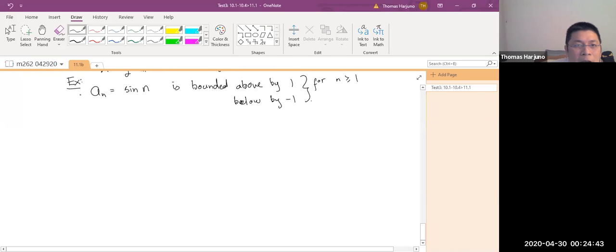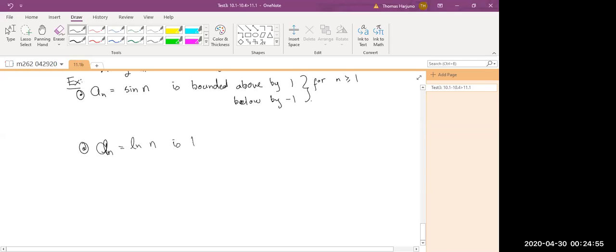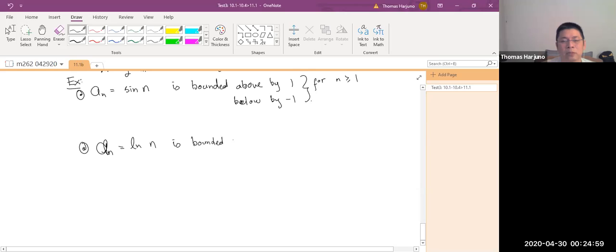Now, how about ln n? Does the sequence ln n have upper bound or lower bound? A lower bound. What is the lower bound? 0. That's right. Bounded below by 0.